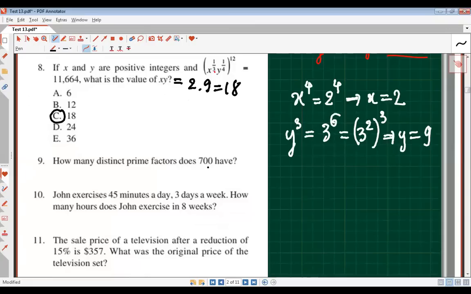We can do the same for the number 700 in the question number 9.